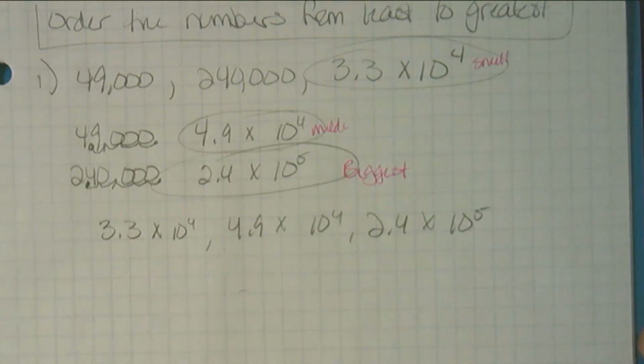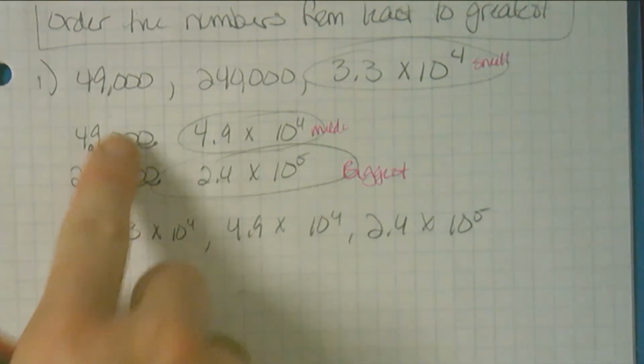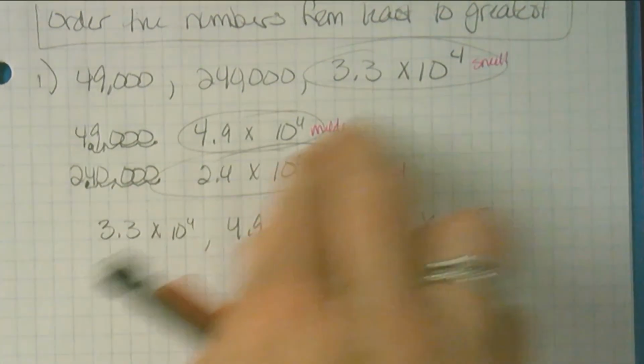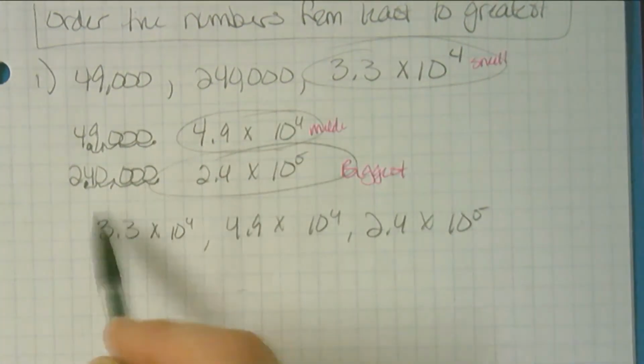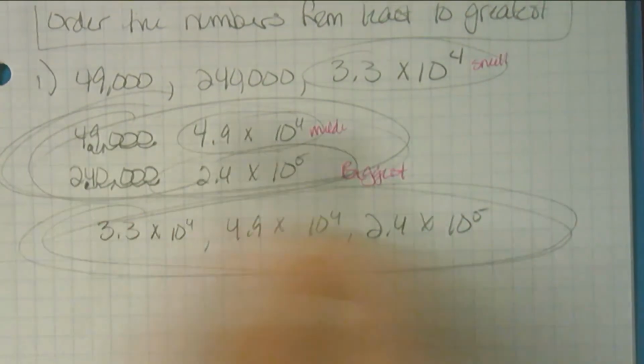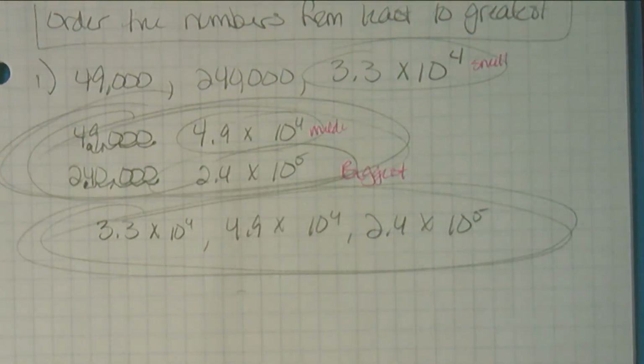So this is everything that I should see. I have to see you changing these into scientific notation. I would highly advise that you make notes as you go, but in the end, I need to have all of that. If they're all already in scientific notation, then I just need the list in order of least to greatest. Does that make sense?